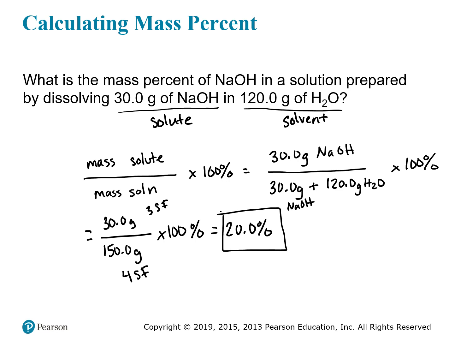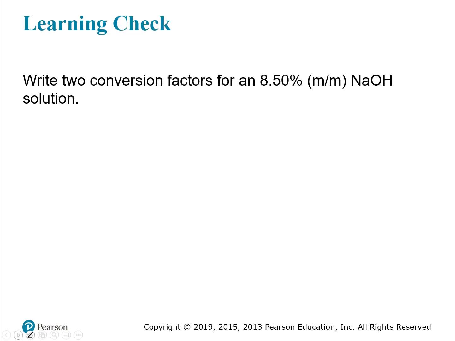Now, there are a couple of other ways that we can do percentages to show concentration. But first, we're going to use this mass by mass to write conversion factors because we're not done doing math with these. So 8.50%.